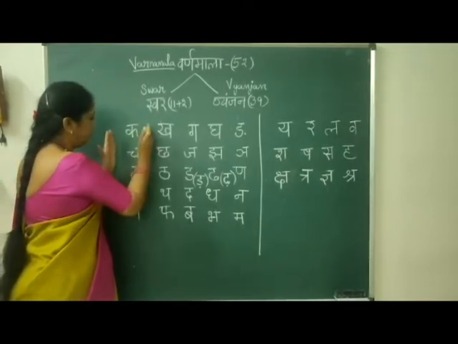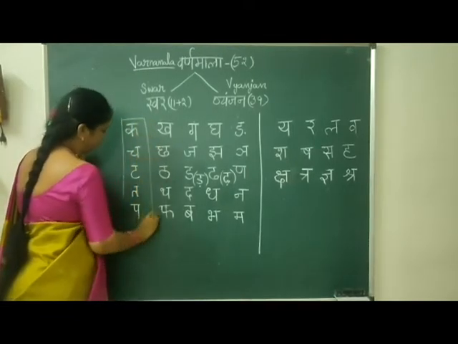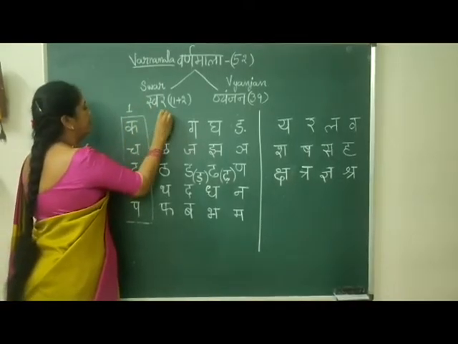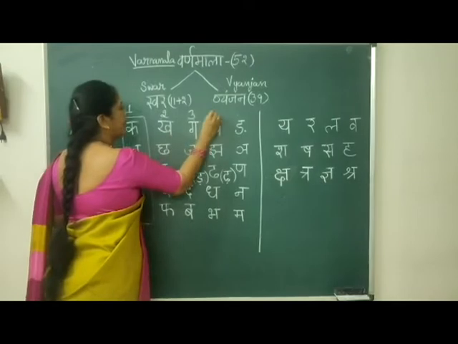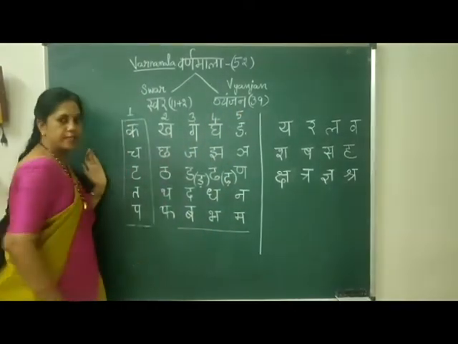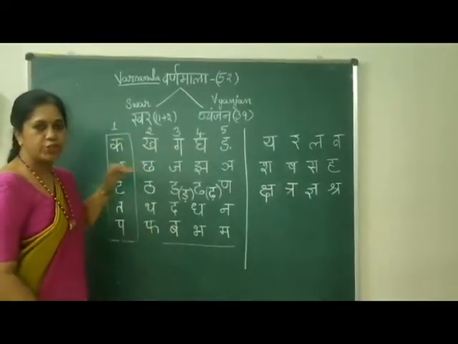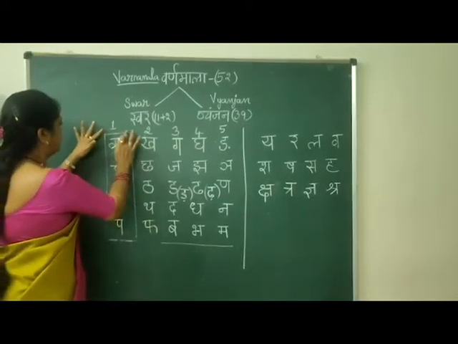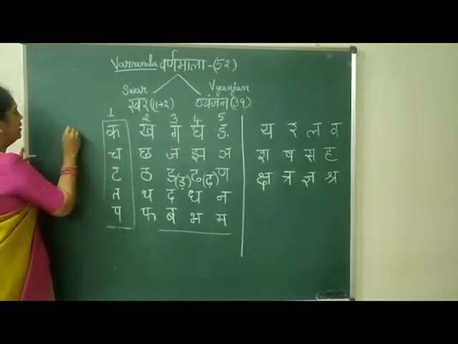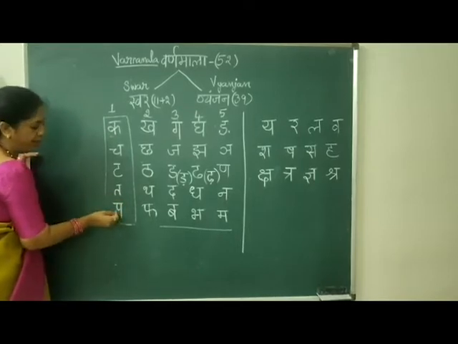Let us take the first five rows, with five letters in each row. We call these the ka row, cha row, ta row, ta row and pa row.